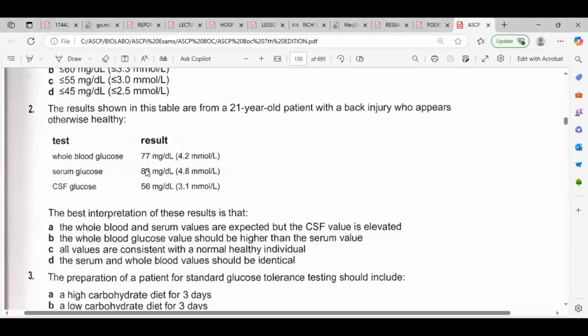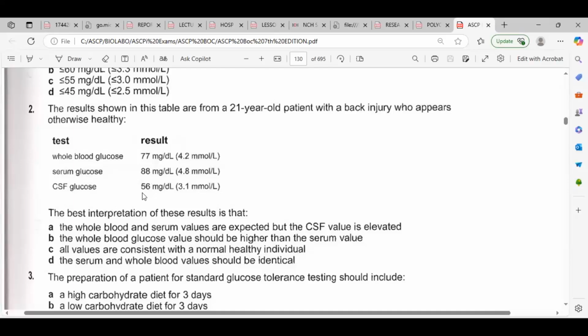So you can see that the difference between whole blood and serum glucose is maintained between 10 to 15. But also remember, CSF glucose must be around 70% of serum glucose.